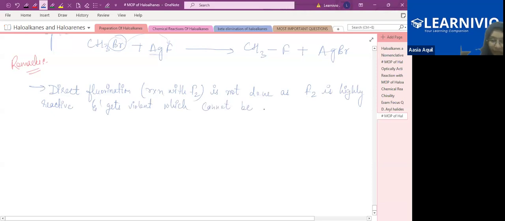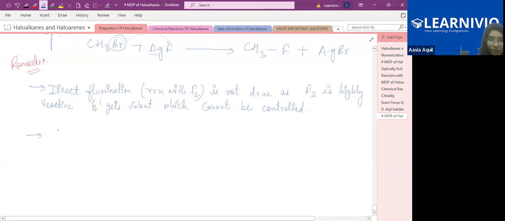Due to that, we can't control the reaction. Fluorine is very highly reactive due to its most electronegative nature, so the reaction will be very violent and uncontrollable. That's why we don't do direct fluorination.